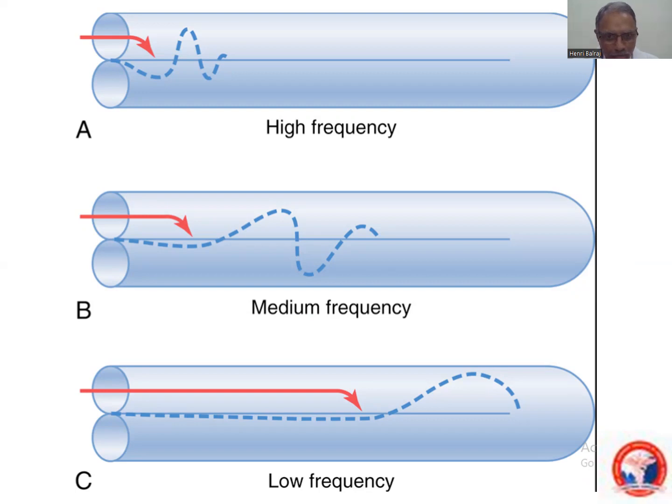This is responsible for the opening of potassium channels, because the endolymph is rich in potassium, which comes from the stria vascularis. This potassium influx into the hair cell, into the stereocilia of the hair cell, causes depolarization.